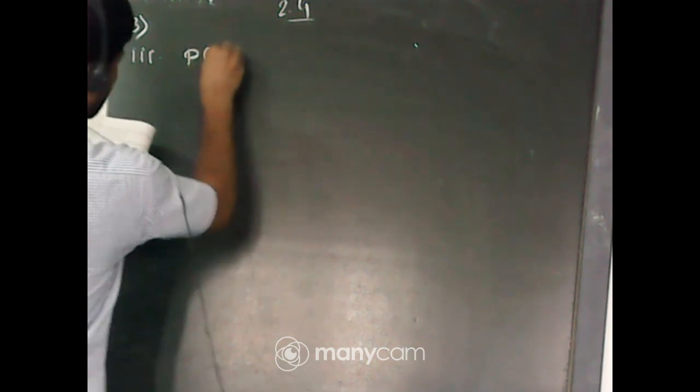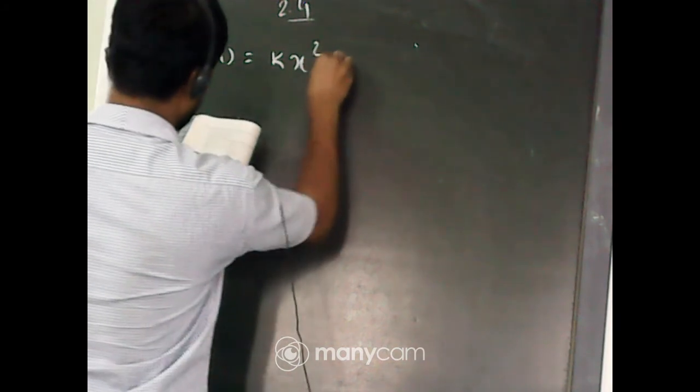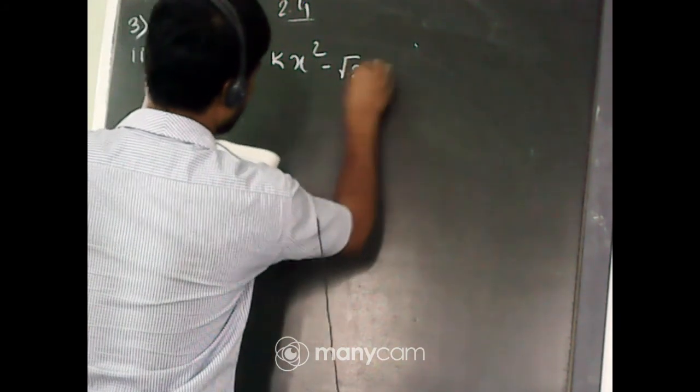Okay, I am choosing and solving question number 3. Now, here the polynomial is given as k x square minus root 2 x plus 1.